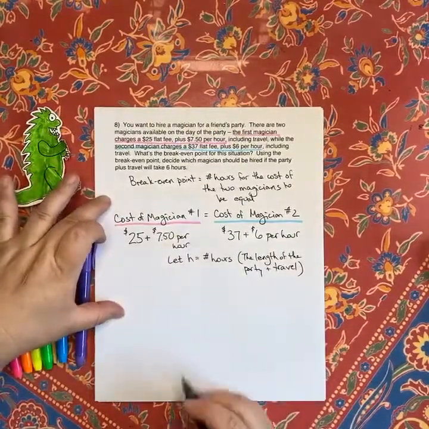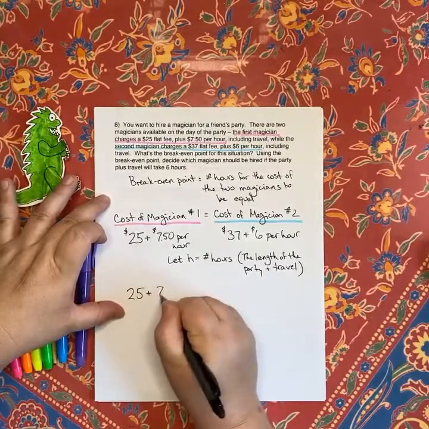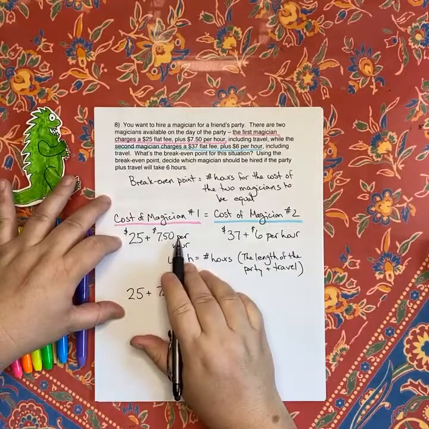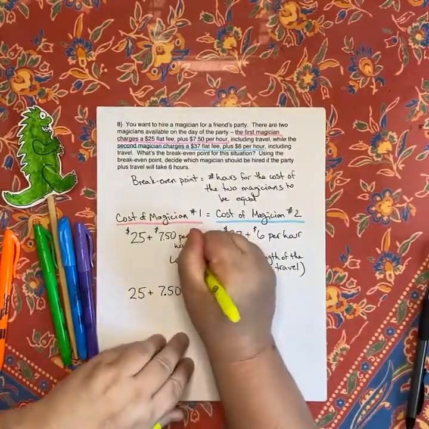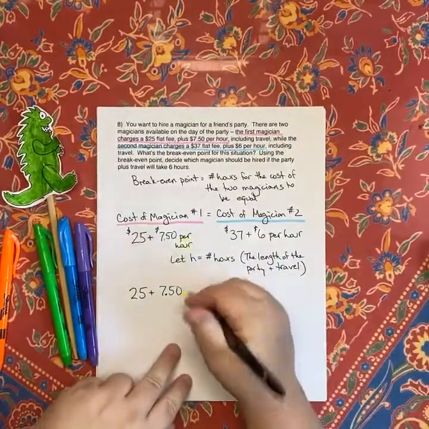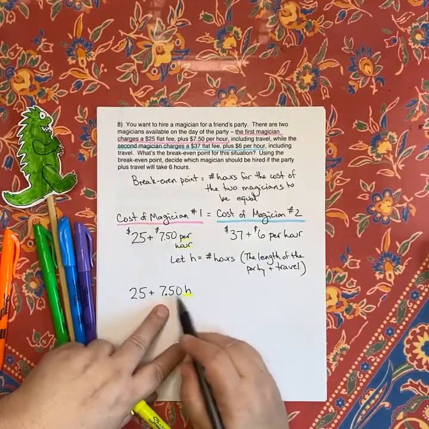Over on the pink side, I think I've got 25 plus. Now here's the thing. I'm not just going to add 7.50. It's 7.50 per hour. This per hour means that next to the 7.50, I'm going to multiply times H. Because if it's 1 hour, then it's just 7.50.